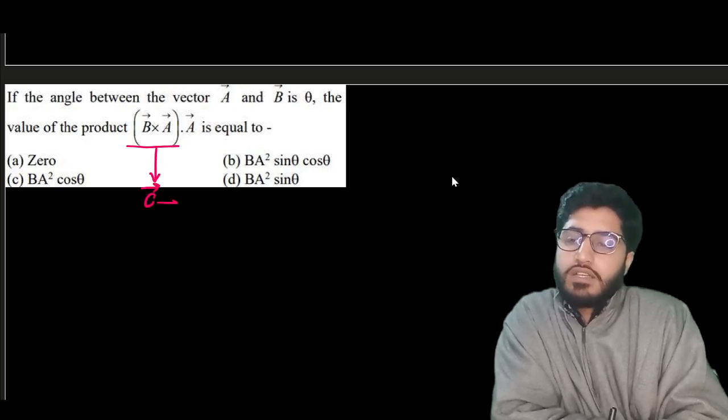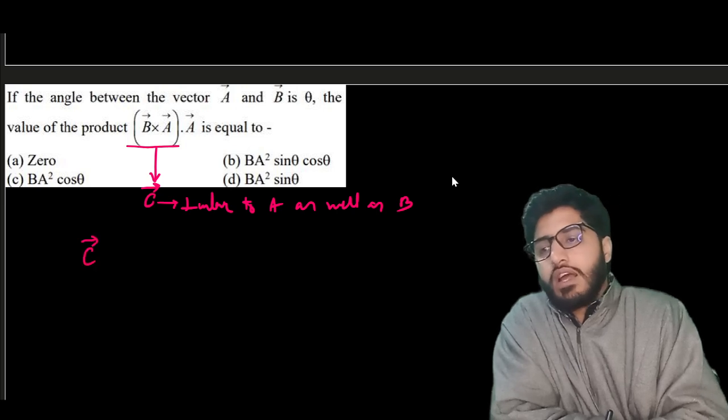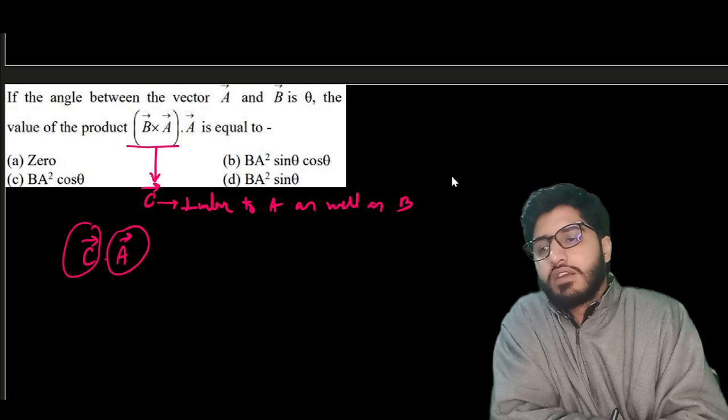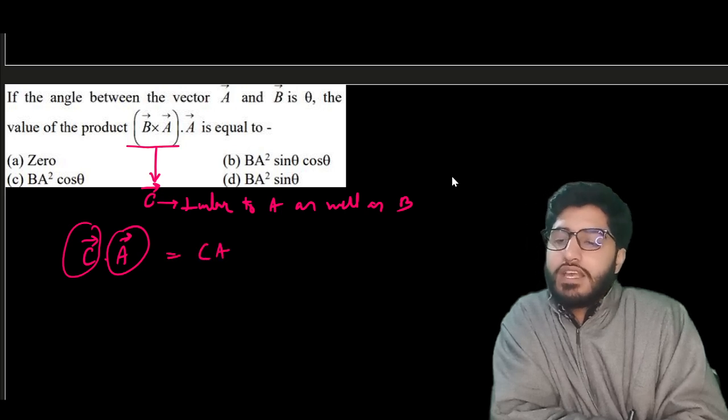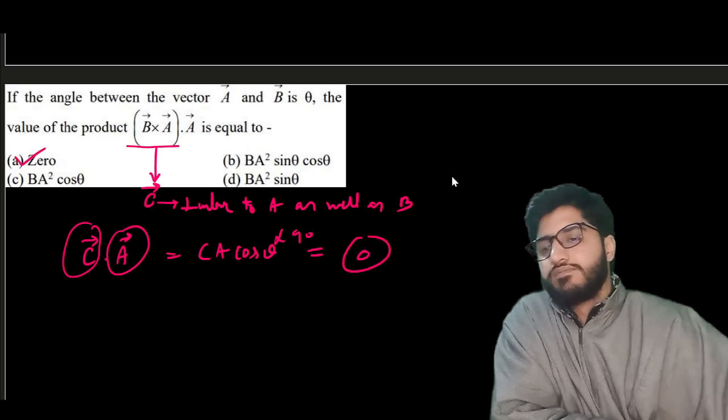So C vector is perpendicular to A as well as B. So now I need to take the dot product of the C vector, which is perpendicular to A. Clear? So I can write it as C A cos theta, but theta is 90, so my value will be 0. That is the answer, 0.